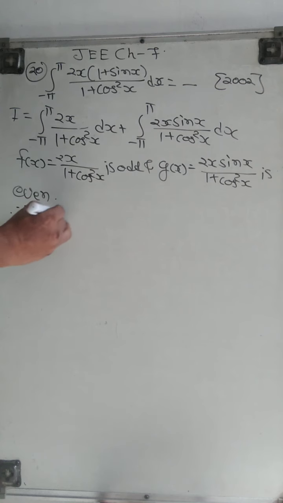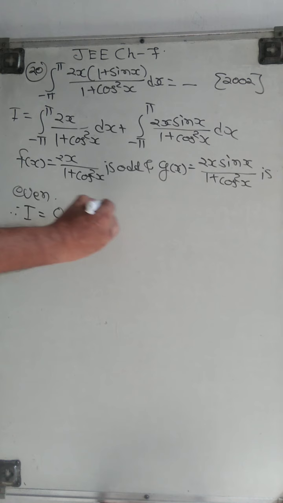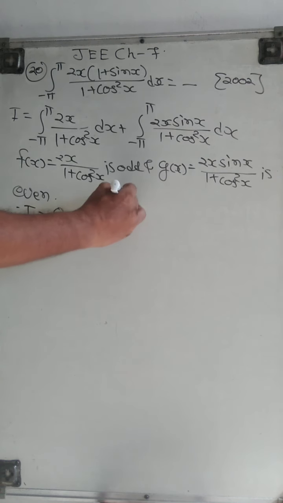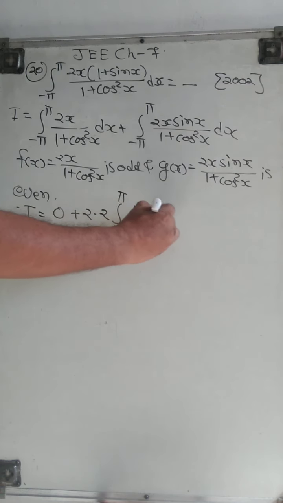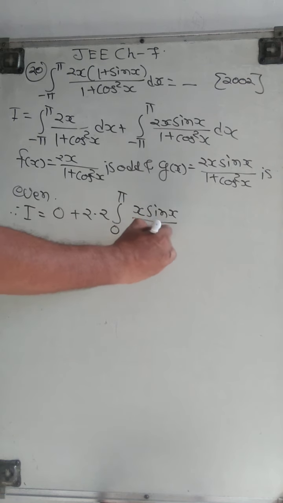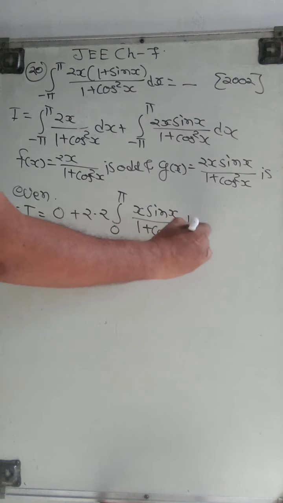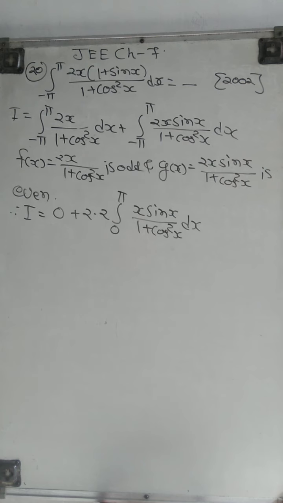Therefore I equal to this is 0 plus this is 2 into 2 integration 0 to pi x sin x upon 1 plus cos square x dx. Now we just simplify it.